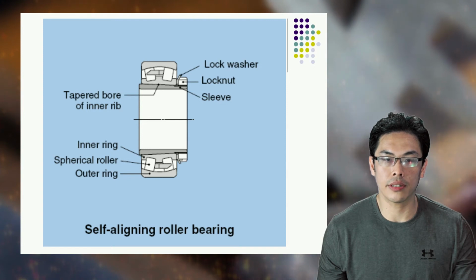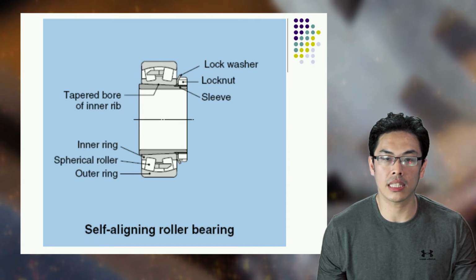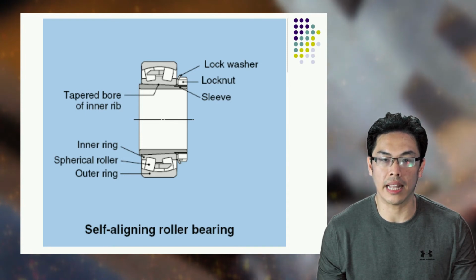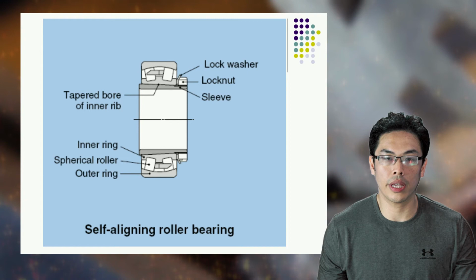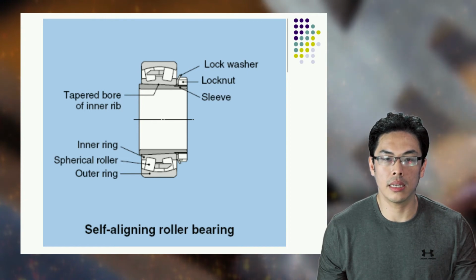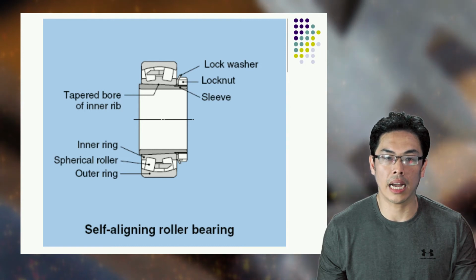Therefore, the axis of the inner ring, balls, and cage can deflect to some extent around the bearing center. Pressed steel cages are usually used. Since the contact angle is small, the axial load capacity is low.